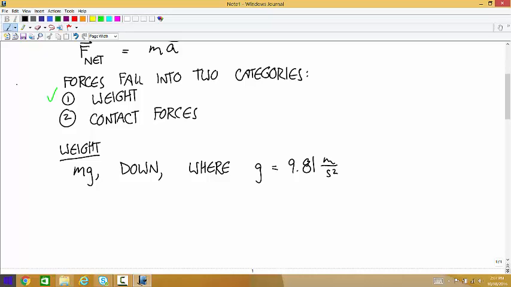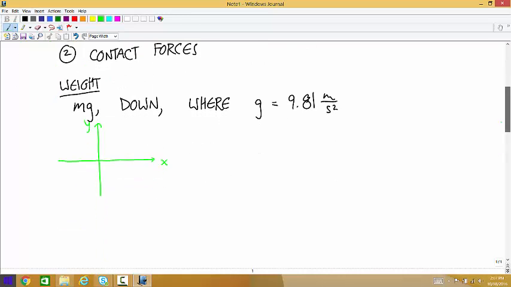If your coordinate system is the way it usually is, with the y-axis up, then the weight force is always down, so this is the weight force. And that's in the negative y direction, or you could think of that as an angle of positive 270.